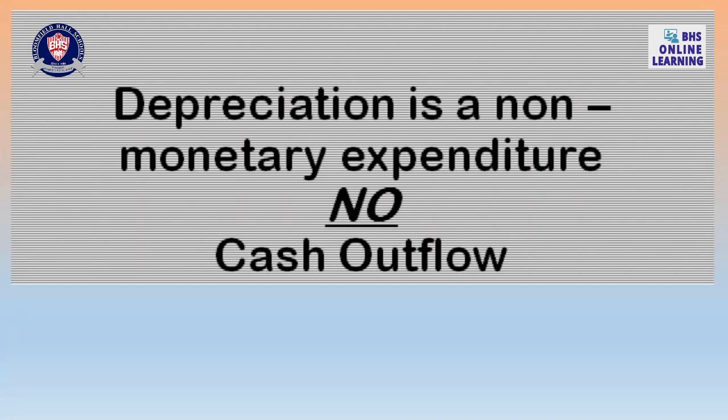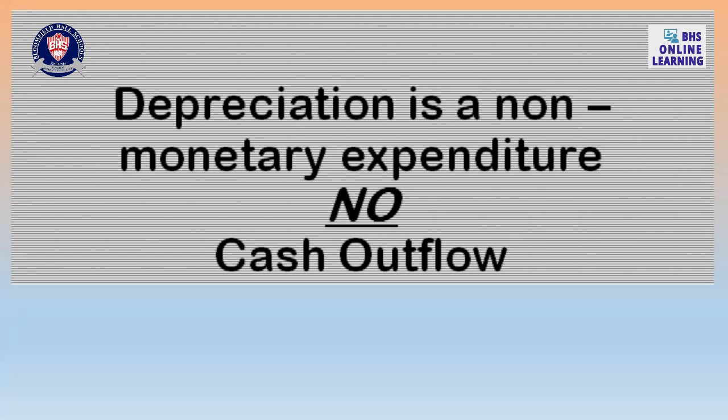Depreciation is a non-monetary expenditure. Many of the students often think, as I have told in the last slide, that it is an expense, so it is a normal expense, like any telephone bills that we are paying, the wages or salaries that we are paying, which require cash outflow.